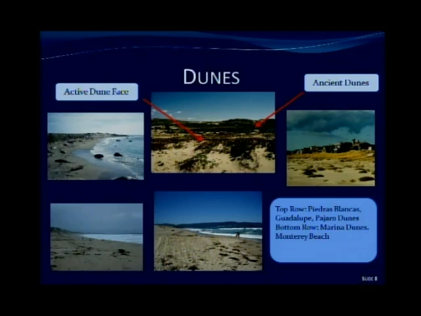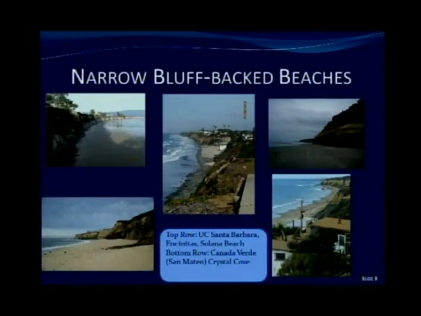And what we see is that when there's erosion into the active dune system, we have a return of that system often many times. But when that erosion gets into the ancient dunes, that's an area that's much harder to restore and return to what had been there previously. And so it's an exchange between the active beach and the dunes, but only a certain part of that is an active exchange. And not all beaches are backed by dunes.